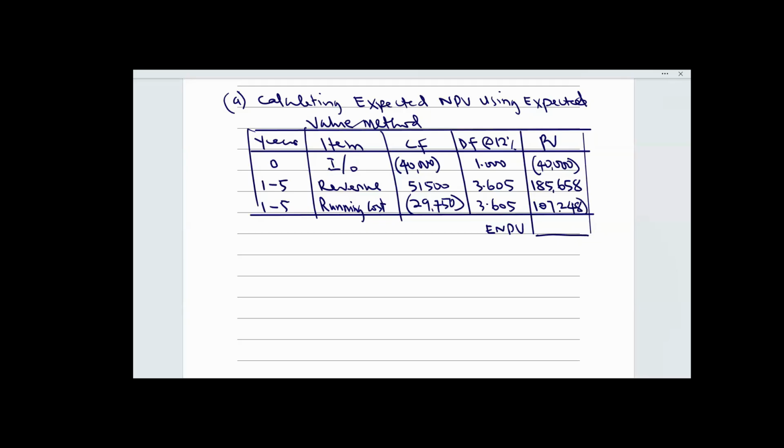So what's the difference? 38,409 positive. So that's our expected NPV. So in the A part of the question, you have to calculate the net present value of the project. That's what we have done.